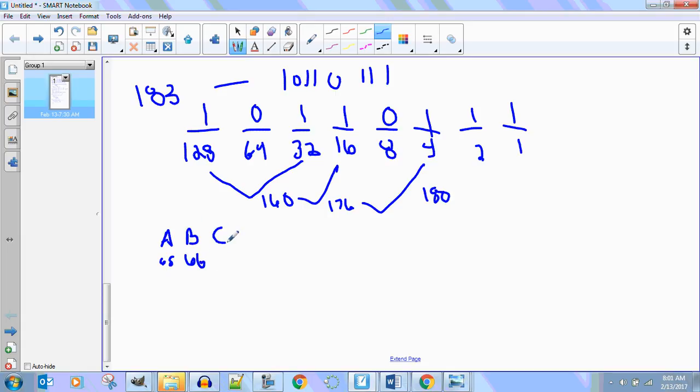Capital letter C is 67. Do you guys see the pattern here? Okay, you guys can keep going. If you want to make your life simple right now, just go ahead and write your alphabet out and do the math on it. So what's a D? 68. Okay, so let's do my dog's name.